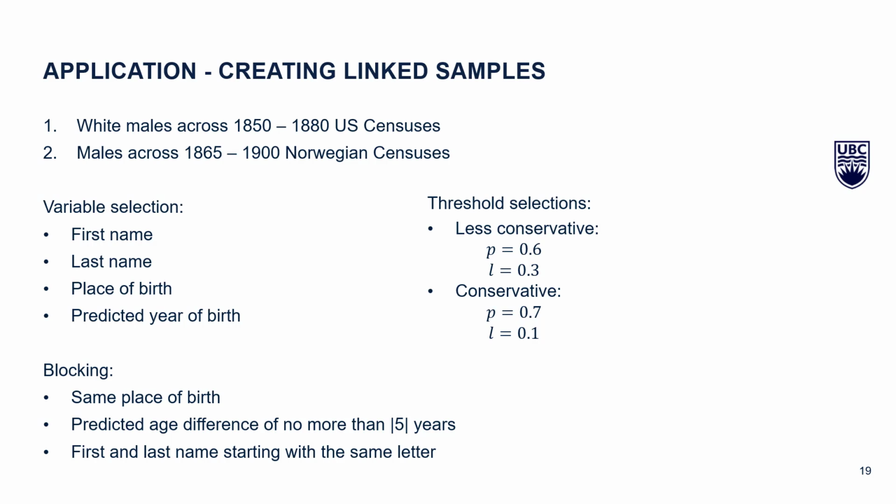For their threshold selections, they actually went with two different sets of values. One, which was less conservative, set the P threshold to be 0.6 and the L threshold to be 0.3. And then the more conservative values set the P threshold to be 0.7 and the L threshold to be 0.1.